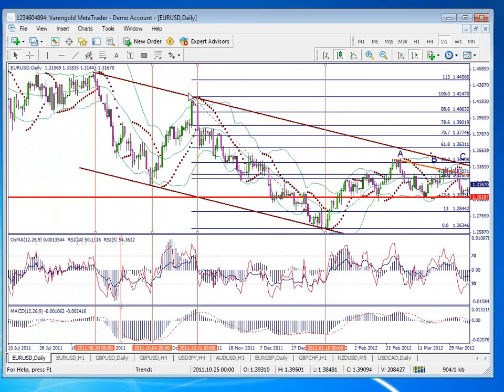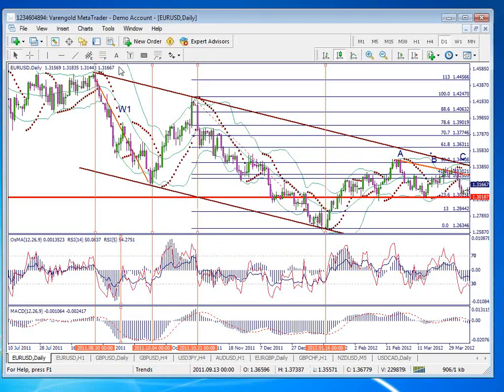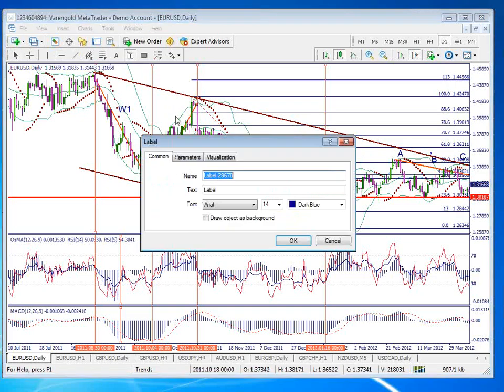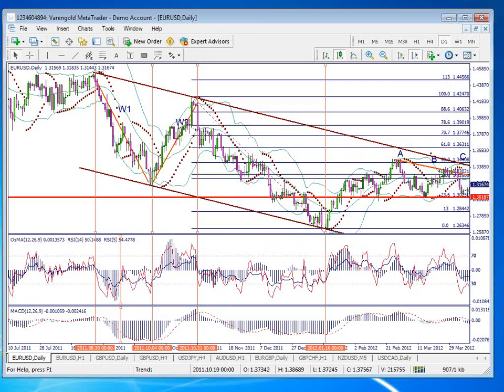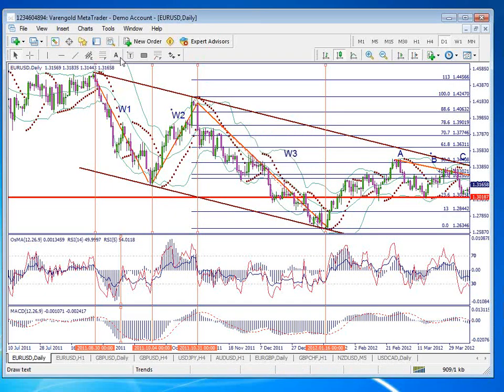So actually we have that move from Elliott wave, wave 1. Here we have wave 2. Wave 3. Wave 4.